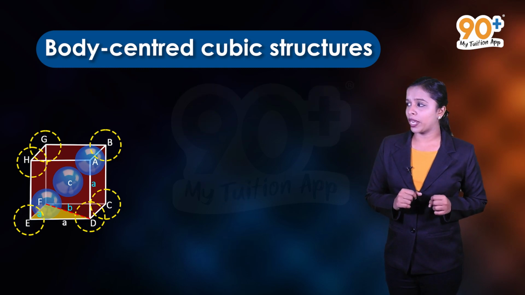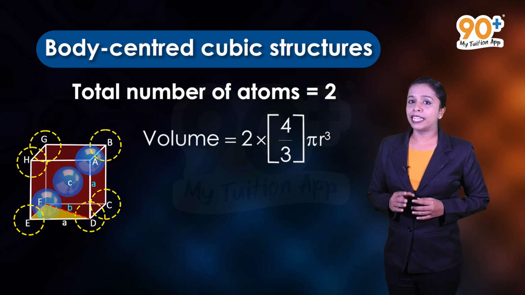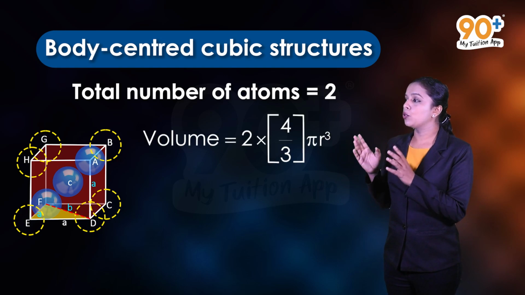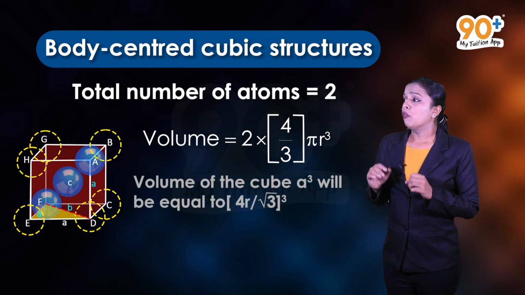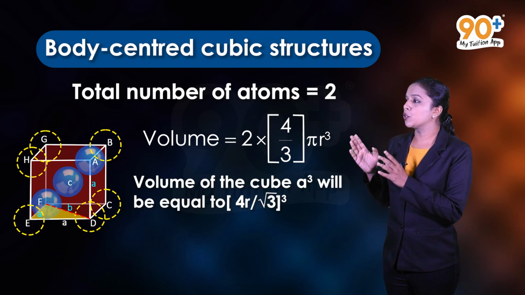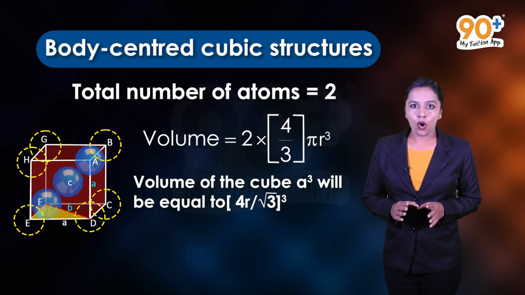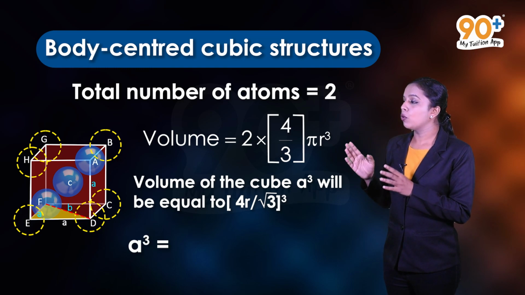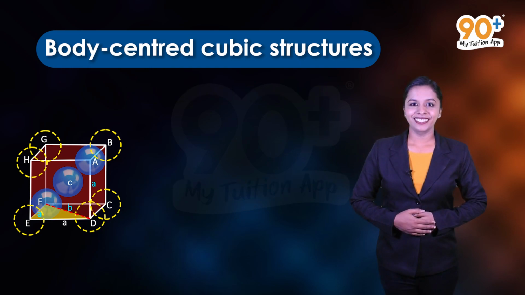In this type of structure, the total number of atoms is 2 and their volume is equal to 2 into 4 by 3 pi r cube. Volume of the cube a cube will be equal to (4 into r divided by root 3) the whole cube.